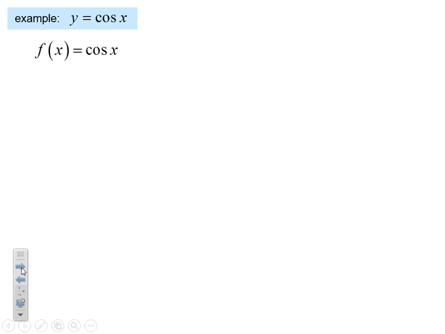F of 0 is 1. First derivative: negative sine of x. The first derivative evaluated at 0 is 0. Second derivative: negative cosine of x.